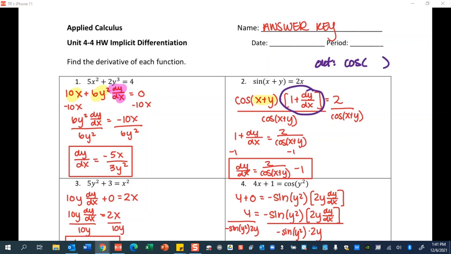Our inside function is x plus y. So when we have that inside-outside conversation, the chain rule says, go ahead and take the derivative of your outside. Keep this part the same. And then you need to take the derivative of what's inside.